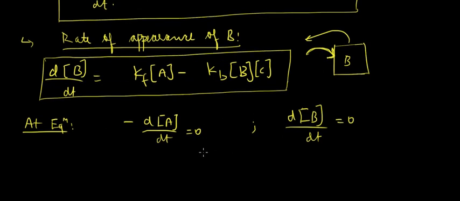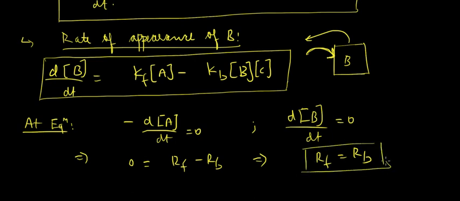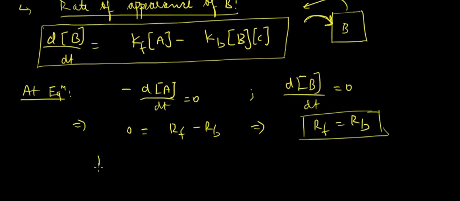Okay, so this implies 0 equals rate of forward direction minus rate of backward direction, which is the same for both cases. Hence rate of forward direction is equal to rate of backward direction. Okay, what is the rate of forward direction? We just saw that the rate of forward direction would be nothing but Kf times concentration of A, and rate of backward direction would be nothing but Kb times concentration of B and C.